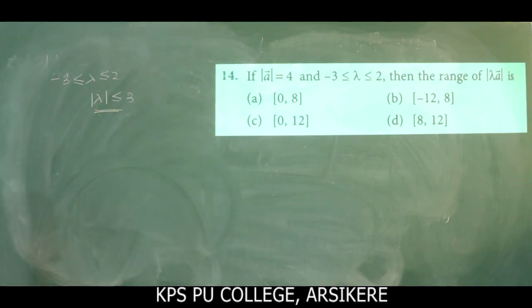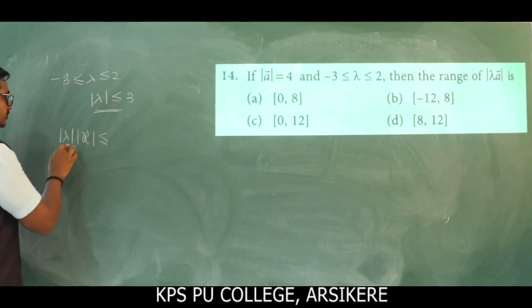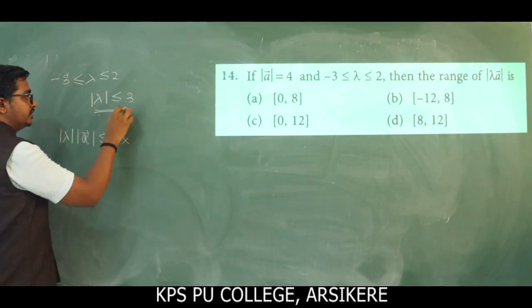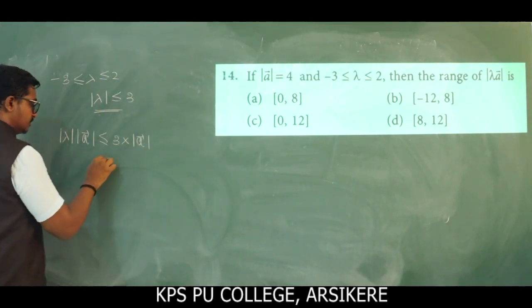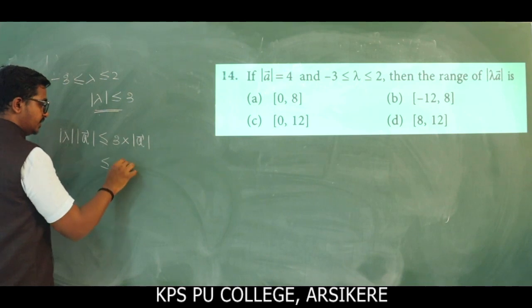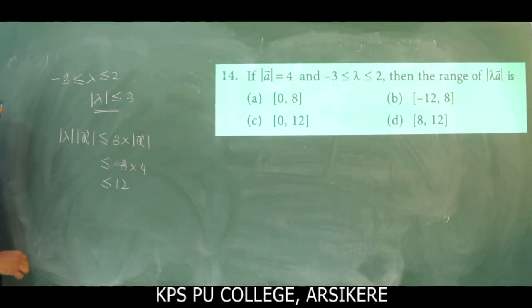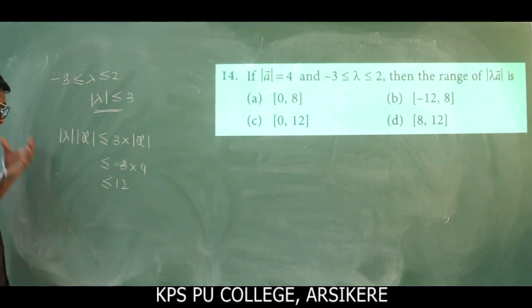Then consider this: modulus of lambda into magnitude of vector A is less than or equal to 3 into magnitude of vector A. This is 3 into 4, less than or equal to 12, because they have already given the value: magnitude of vector A is equal to 4.